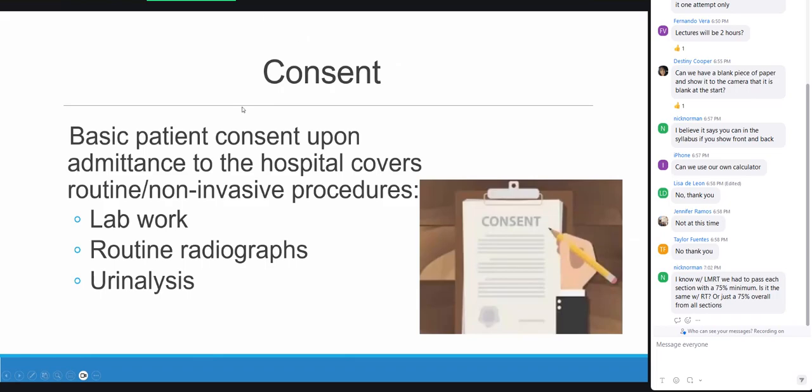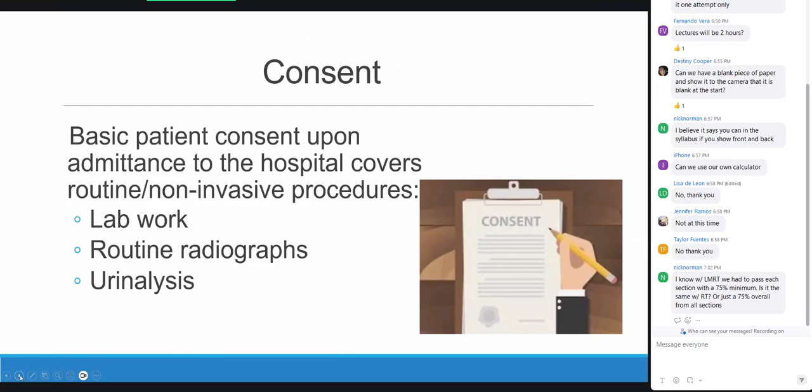Now, your basic consent, once a patient comes into a hospital, typically covers all routine non-invasive procedures, lab work, x-rays. I don't know why we have urinalysis separate because that to me just falls under lab work as well. Maybe it should say blood work in your analysis.